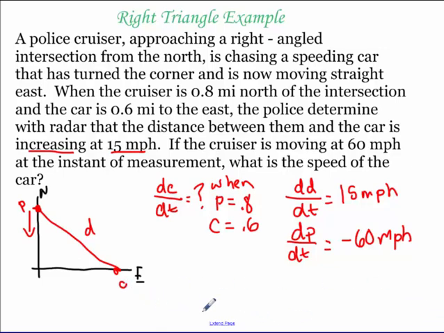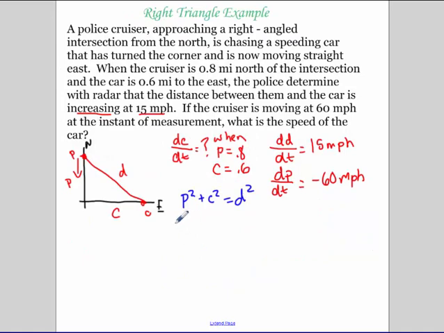Okay, so let's write an equation for what we have here. If I make that side of our triangle P and this side C, we have our equation to be P squared plus C squared equals the distance squared between them.